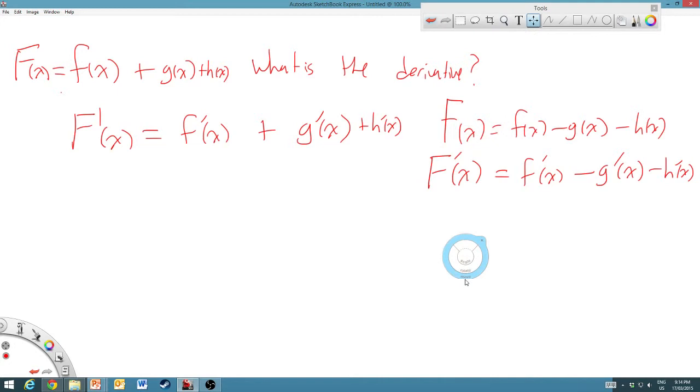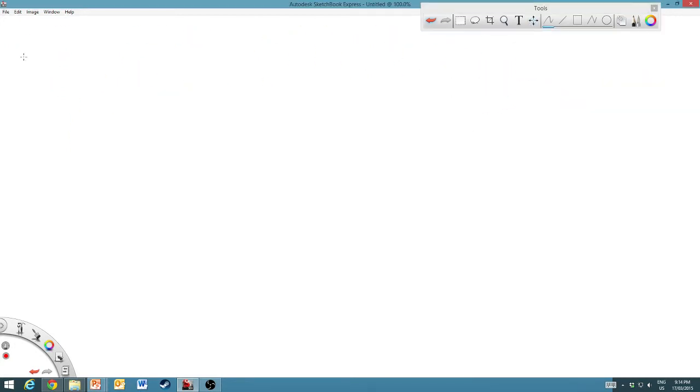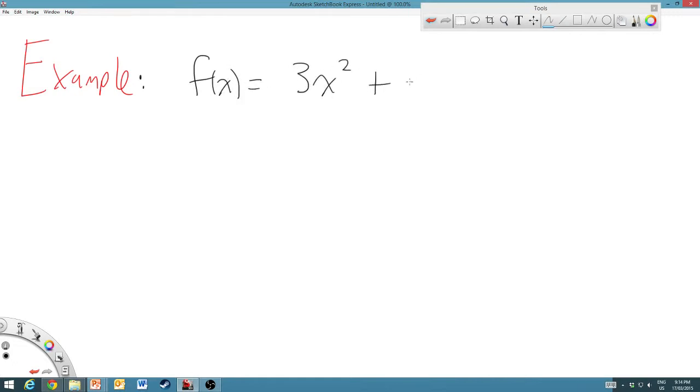Okay. All right, so let's go through an example. So suppose f of x is equal to 3x squared plus 2x to the 4 minus 6x cubed, like that. Okay.